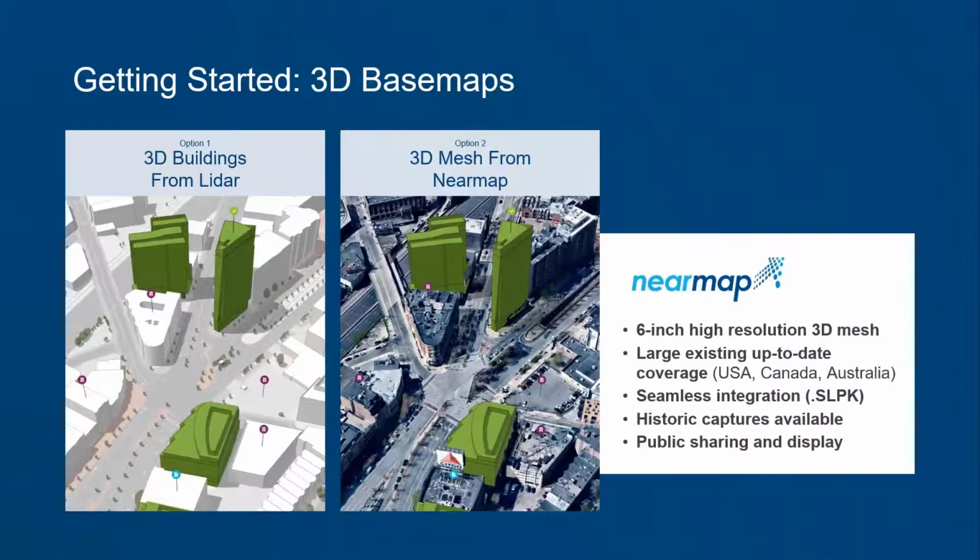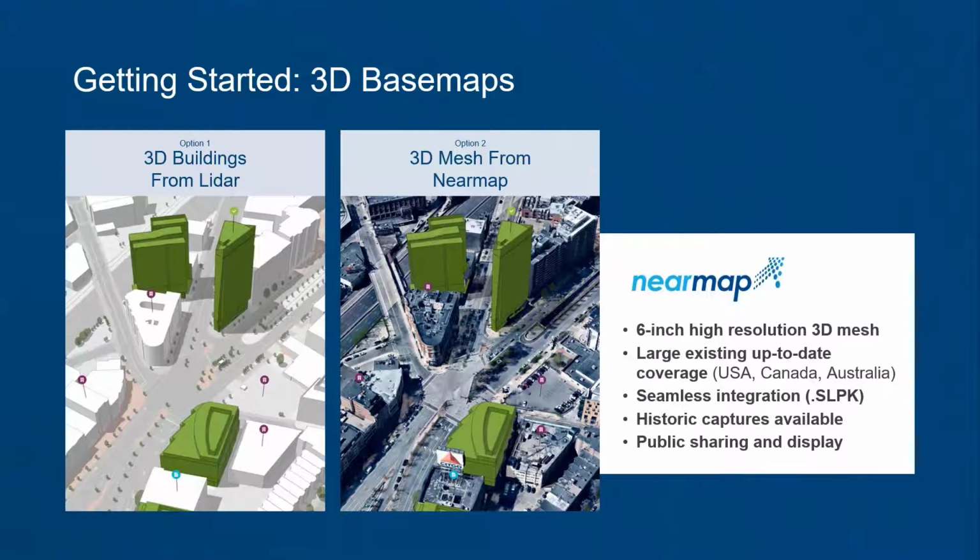And I wanted to zoom in and touch on one of the base layers, 3D base maps. Many of you might already have a 3D base map, or at least the ingredients to make one. One option is to use LiDAR and building footprint polygons to extract the 3D buildings, trees, and elevation for the boundary that you define.